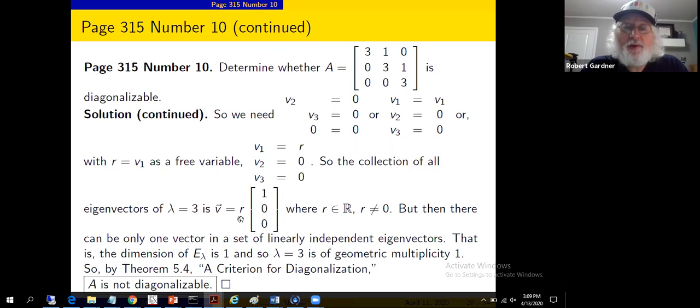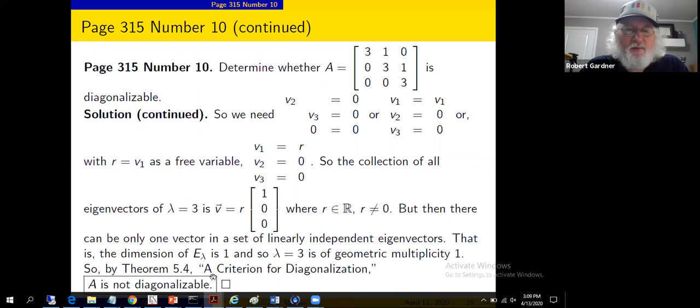One free variable here means the geometric multiplicity of this eigenvalue is just 1. If we had 3 free variables, we'd have geometric multiplicity equal to algebraic multiplicity, and we'd be in business.